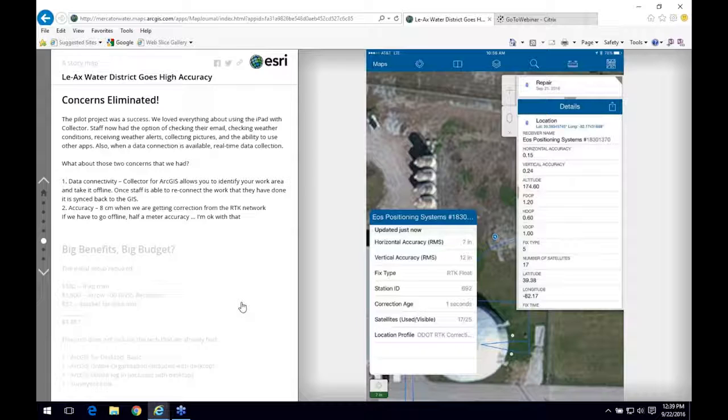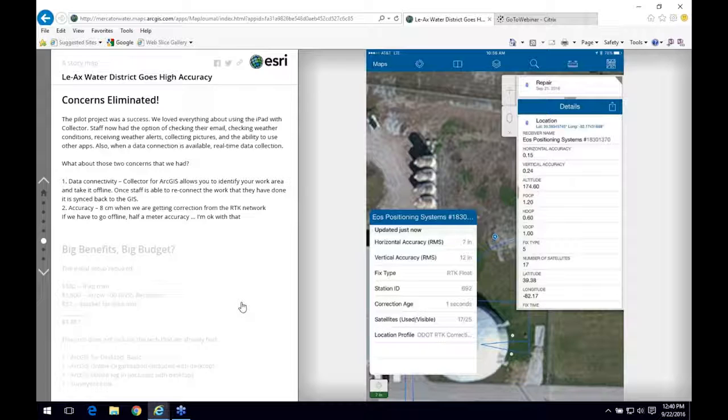With this receiver you can also do an RTK network to make it even more accurate. Let me talk about that real quick. That receiver's sub-meter, and you can get centimeter accuracy if you're on the RTK network, which corrects it.